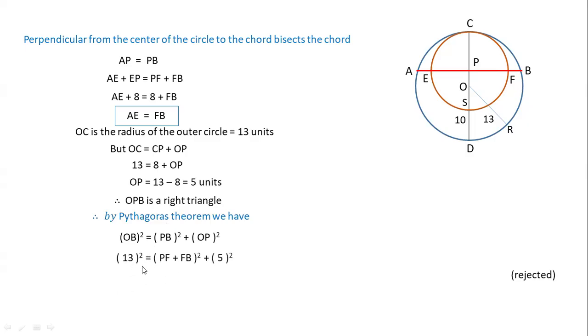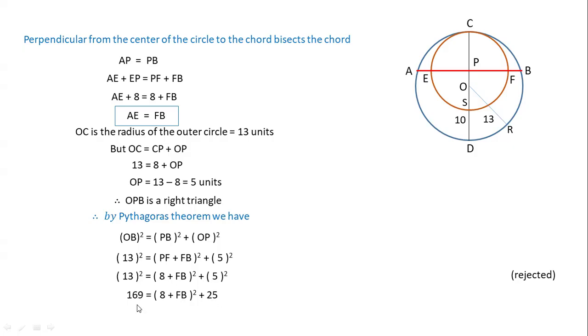13 square is equal to PB square plus 5 square. PB is PF plus FB, where PF is 8, the radius of the inner circle. So 13 square is equal to (8 plus FB) square plus 5 square. 13 square is 169, and 5 square is 25.